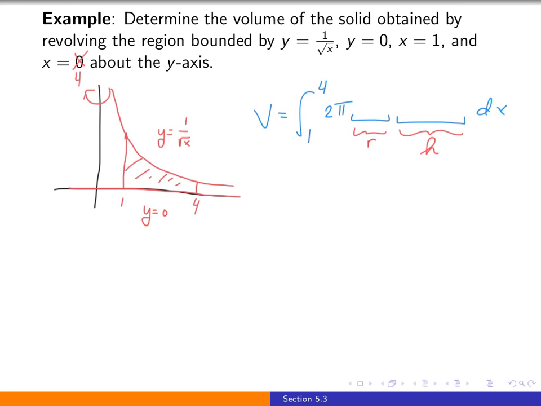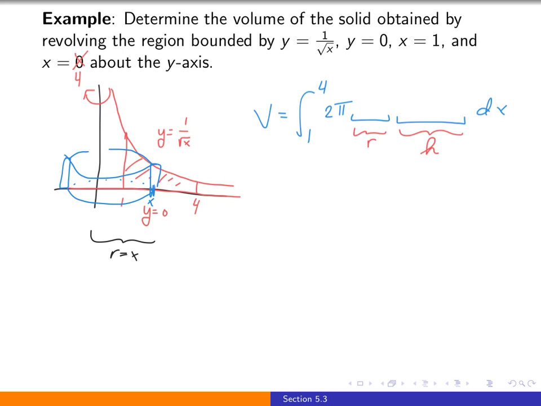To do so, I just draw one of our cylinders. If I have an x value between 1 and 4, I draw a little rectangle there, and then we take that rectangle and revolve it around the y-axis. Looking at that, it turns out that the radius has to be the value of x.